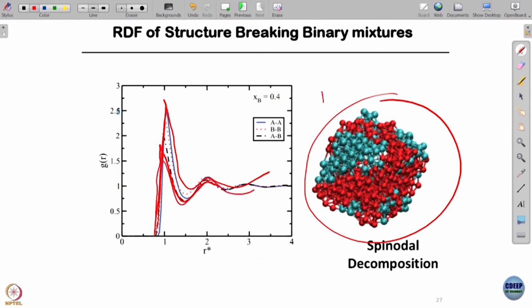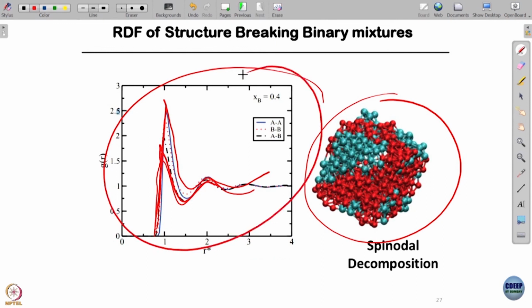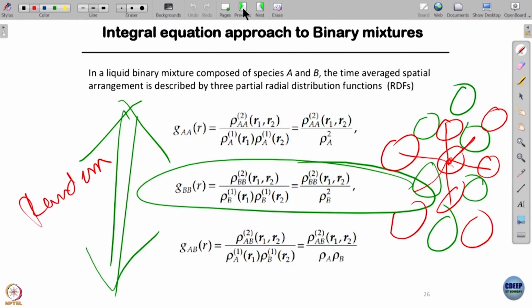This is the way one would try to describe a phase separation, a structure breaking liquid or structure making liquid. Is this the way we will go into it? So, in the next class we will try to construct and describe these radial distribution functions, and how the theory of liquids is built to do these things.